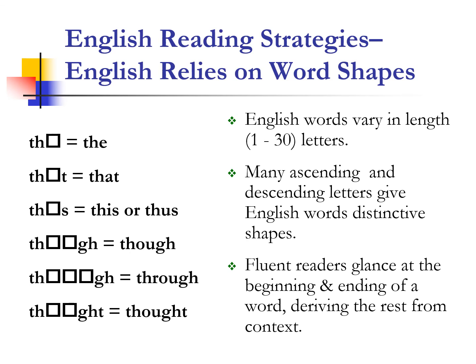I mean, there are some really long chemical names in the English language and disease names that are incredibly lengthy. But English has all these ascending and descending letters also, which give English words a very distinctive look. And because of this, it's possible for readers to glance at the beginning of the word and the end of the word, and derive the rest of the word from the context of what they're reading.